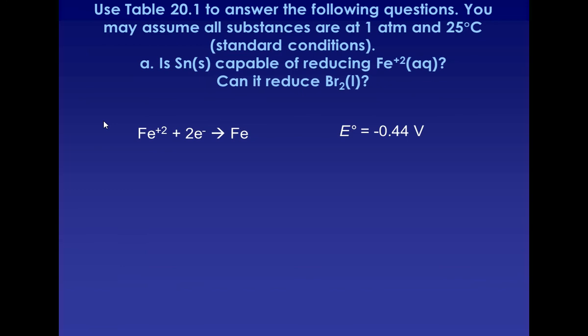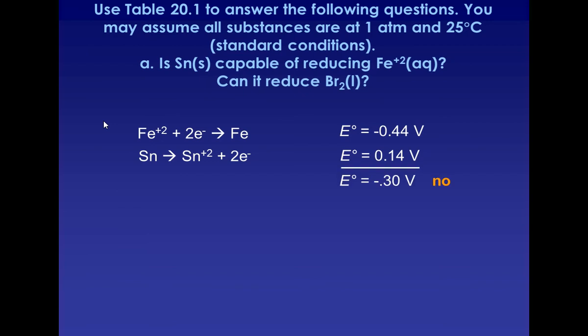That would be the cell potential for iron ions being reduced, and again, this is on your chart, to iron atoms. If I find a half reaction for tin on your chart, I want to write that as an oxidation. So I would flip it, and when I do that, I would change the sign of that particular half reaction cell potential.